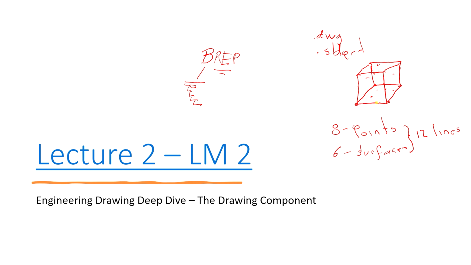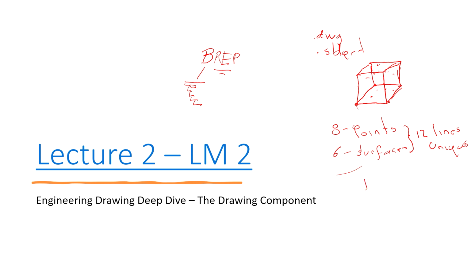You can see that you have 1 here, 2, 3, 4 on this face, and you don't repeat the line. You're just using that same line here. So 4, 5, 6, 7. You don't use that. You go to 8, 9, 10, 11, 12. So you have 12 unique identities: 8 points, 12 lines, and 6 surfaces.